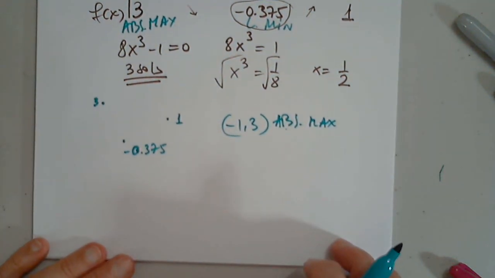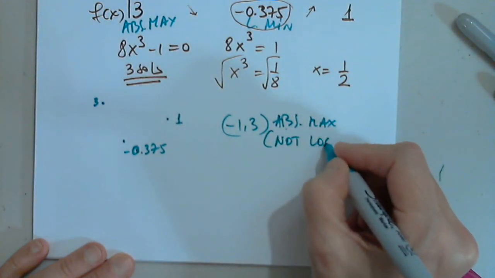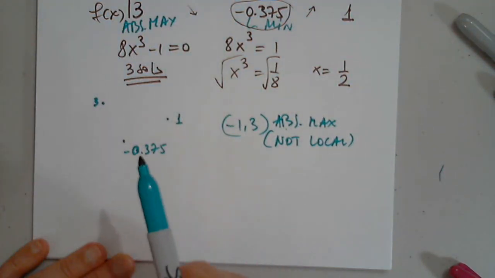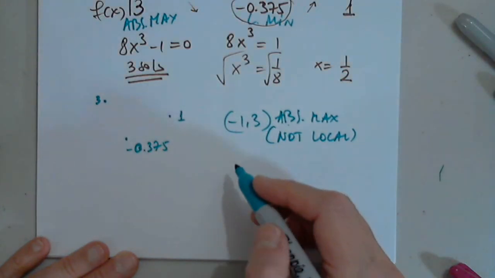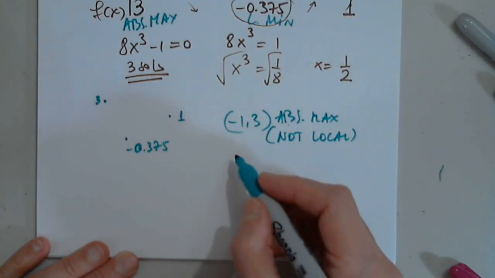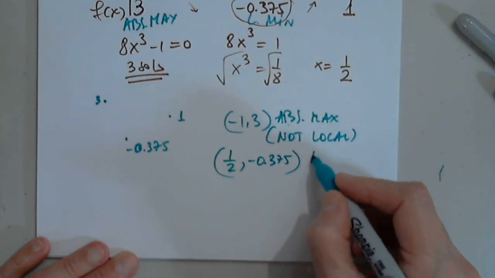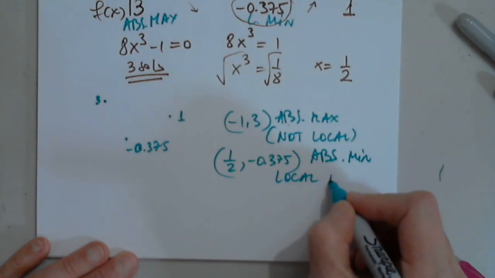Is there an absolute min? But this is, one more time, not local, because it's at the end point of the interval. Is there an absolute minimum? Yes. It's 1/2, comma, negative 0.375. This is an absolute min, also local min.